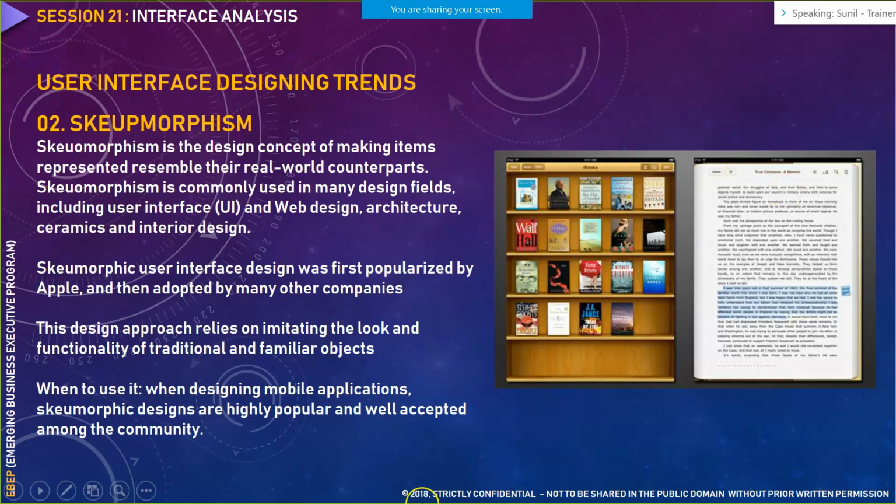So this is a situation wherein you would be using skeuomorphism user interface designing trends. So if you consider your Amazon Prime application or this Netflix application, they are all based on skeuomorphism design, wherein you see as if the titles are kept in a particular video library shelf.